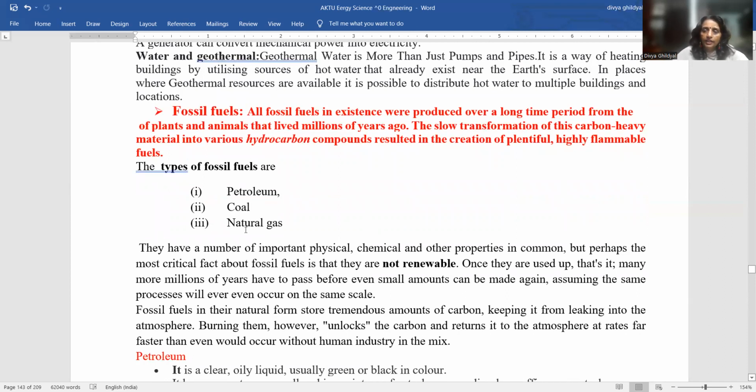And if you are a bit aware of current studies, you must have an idea that these are depleting fast in nature. So it is high time that alternative sources are thought of for replacing the fossil fuels.